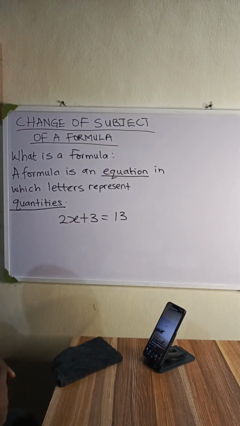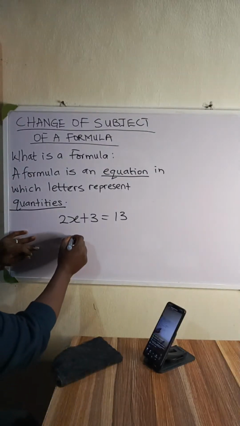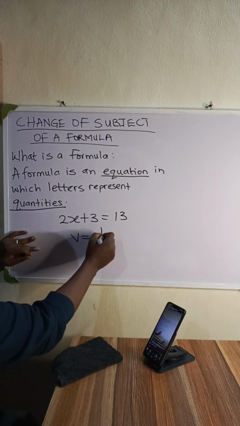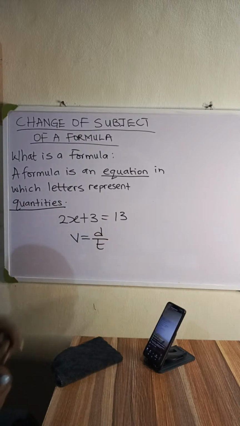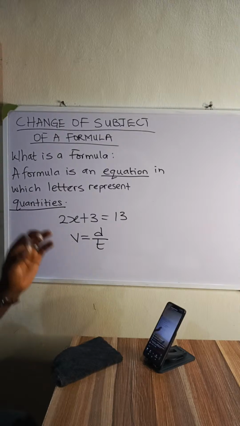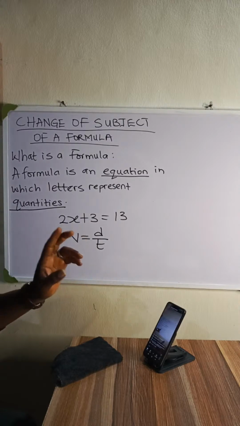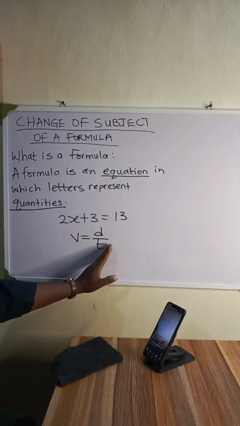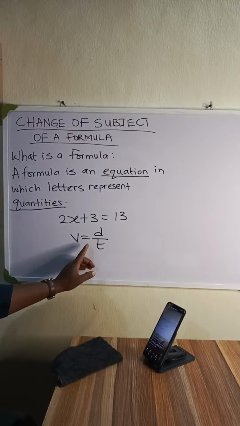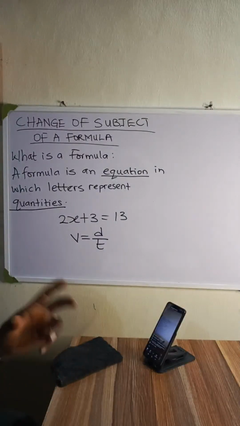Now let's see an equation that is also a formula. If I have V = D/T. This is an equation. It's an equation because it contains a value on the left side. It is also an equation because it contains values on the right side, and in between them, it has an equal to sign. But apart from being an equation, it is also a formula. Why is it a formula?